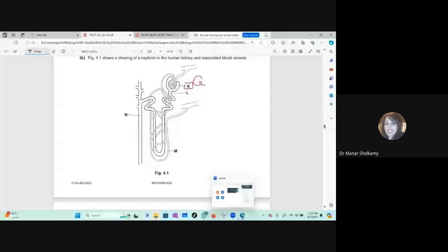Selma, what is K? I still didn't study this part, miss. I forgot. You're breaking my heart. It's the glomerulus. And L is the proximal tubule. And M, these are the capillaries. This is the loop of Henle. And N is the collecting duct.